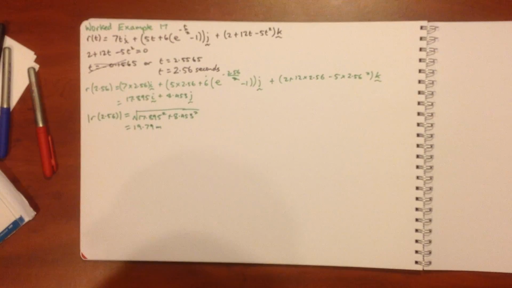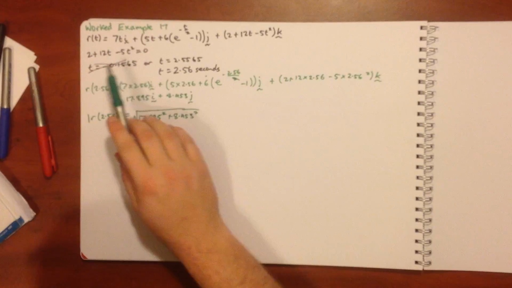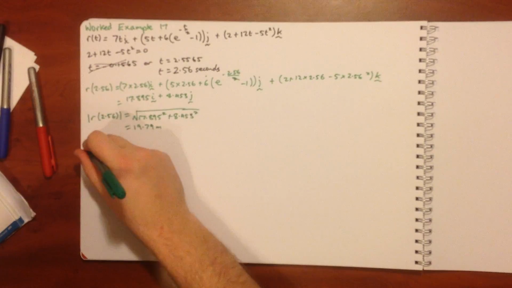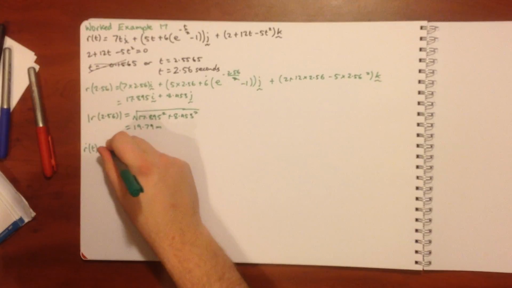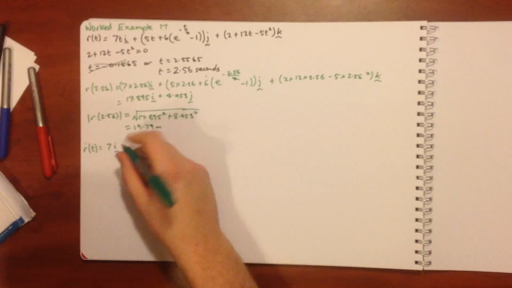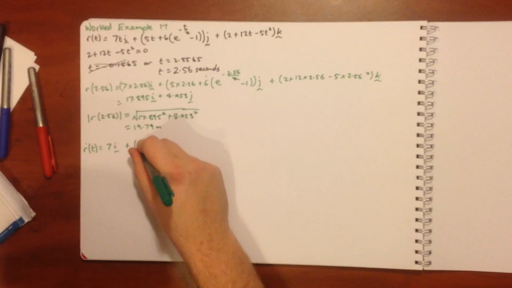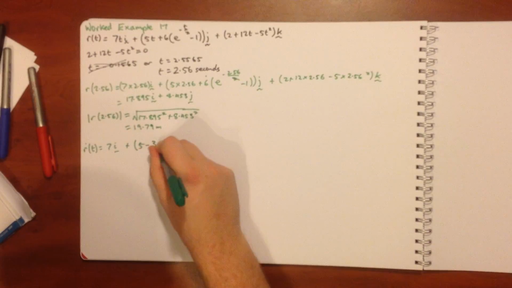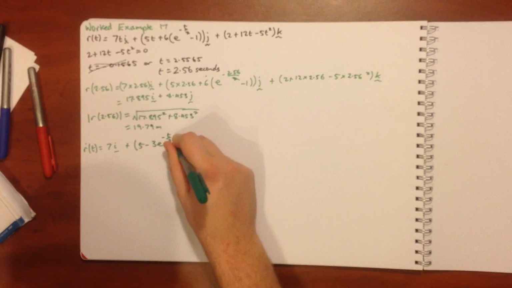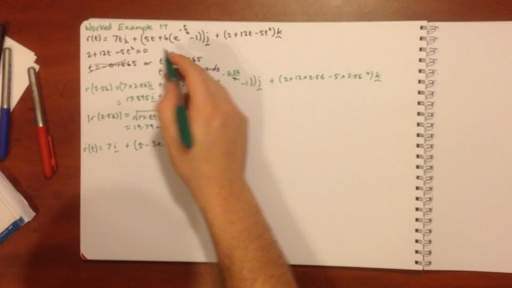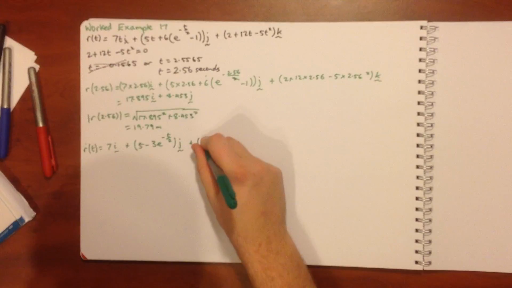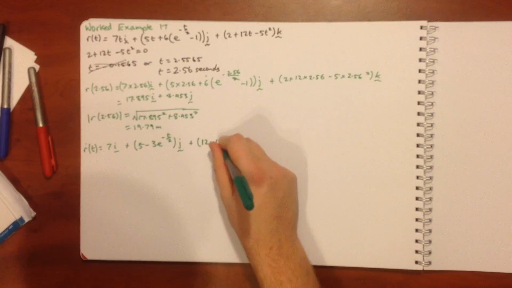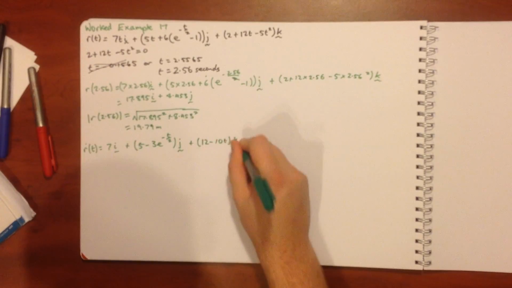For part C, we need to find the initial speed of the projectile. So what we need to do is take our derivative because we need our velocity vector. So our r dot t is going to be 7i plus 5 minus 3e to the negative t on 2 j, plus 12 take 10t k.